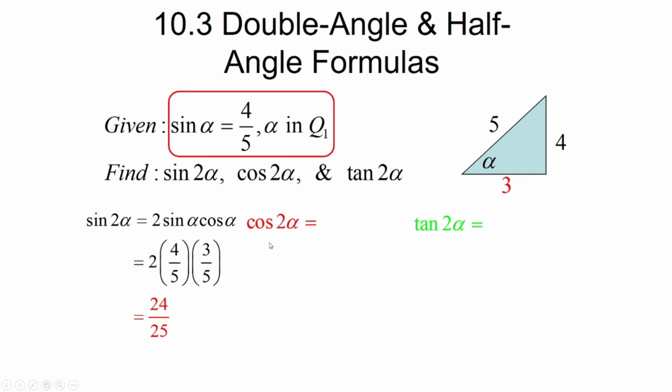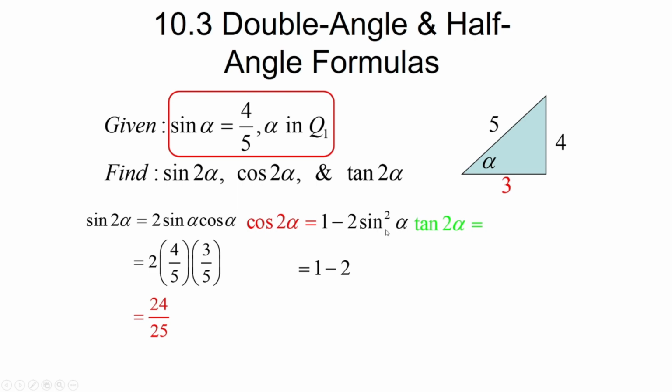And again, I'm going to use the identity for cosine of 2 alpha that is in terms of sine. So that would be 1 minus 2 sine squared of alpha. Okay, so let's do this one before I jump to tangent. So I've got 1, and then we're going to go minus 2, and then sine of alpha, but then I have to square it.